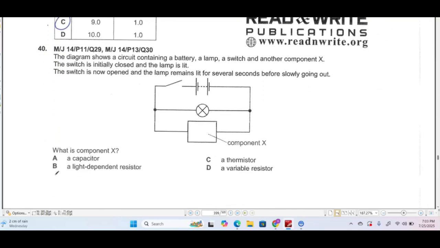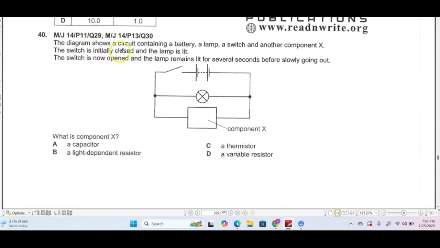Simple maths. The diagram shows a circuit containing a battery, a lamp, a switch, and another component X. The switch is initially closed and the lamp is lit. The switch is now opened and the lamp remains lit for several seconds before going out. What is component X?